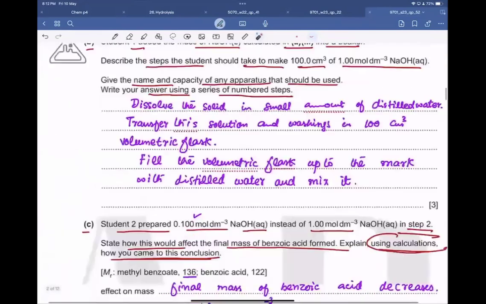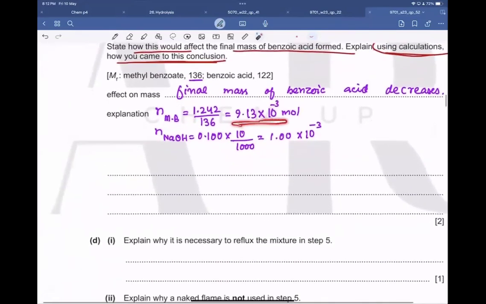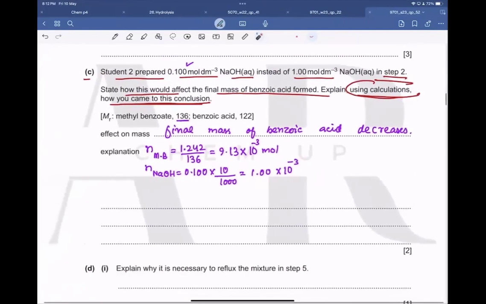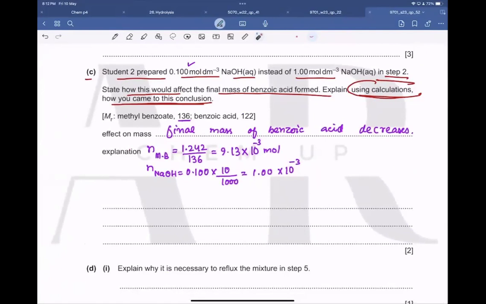So it means for this number of moles, we need exactly the same number of moles of sodium hydroxide, but the moles of sodium hydroxide are actually very much lesser than that. So from the calculation, you are able to understand yourself as well and state the statement properly.